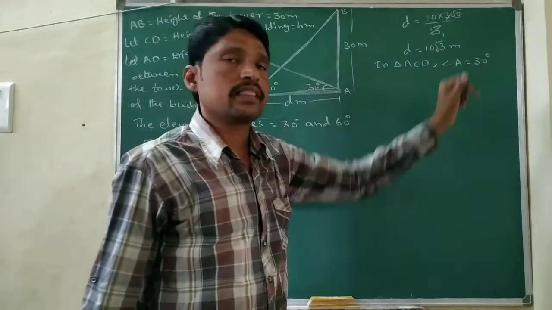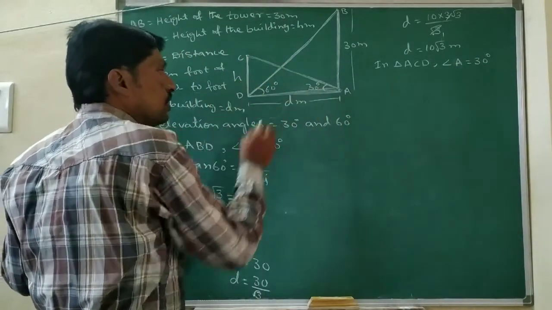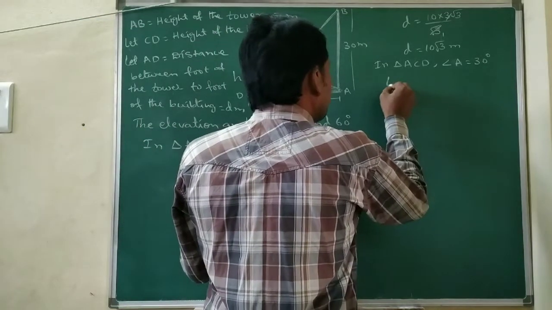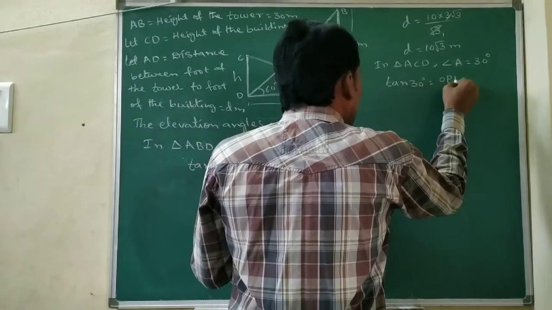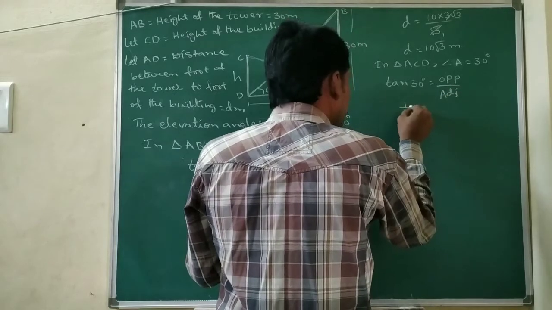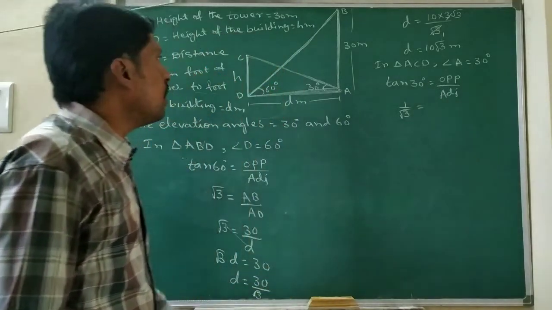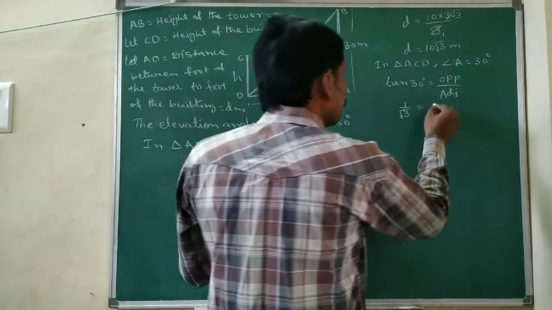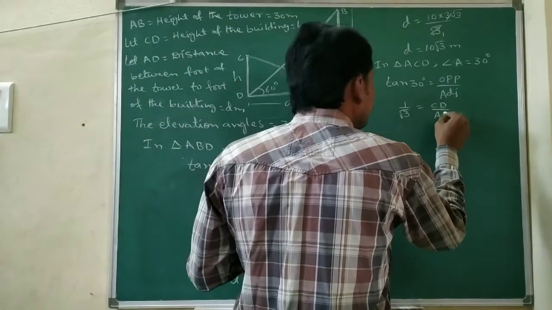Now we took 30 degrees. So here CD is the side opposite to 30, AD is the side adjacent to 30 degrees. So tan only I am taking. Tan 30 degrees equals opposite by adjacent. So tan 30, that value we know, that is 1 by root 3. Side opposite to angle 30 is CD by adjacent side is AD.